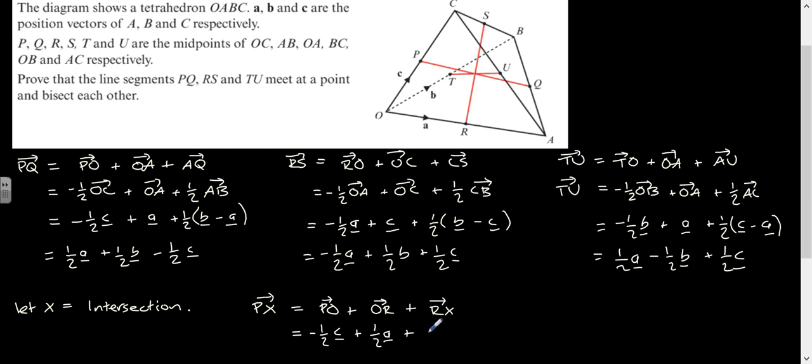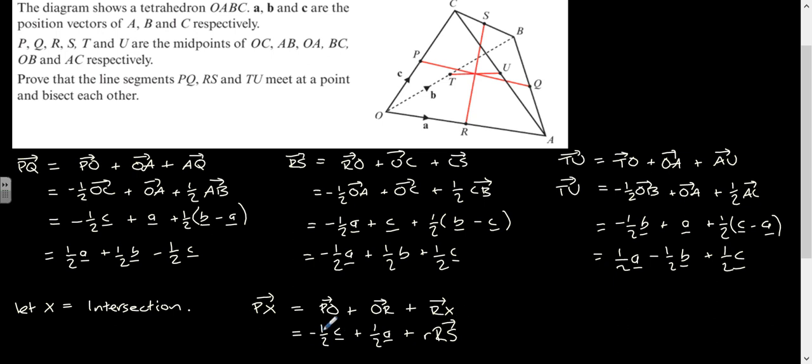And I'm going to write it as R, an unknown R, because we're starting at R. So it's R multiplied by RS. So just leave that as capital letters for now to emphasize.